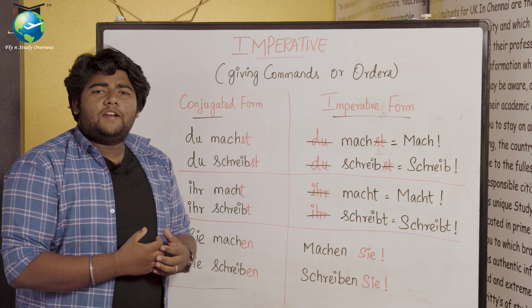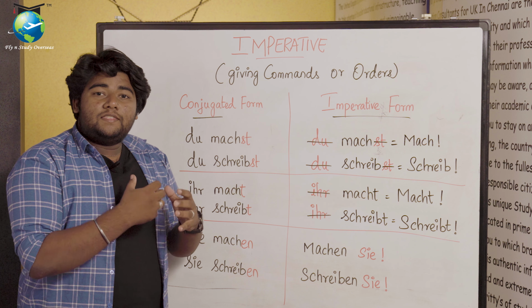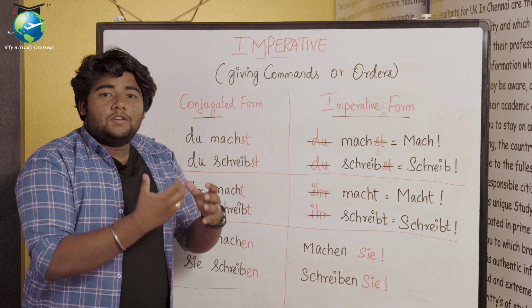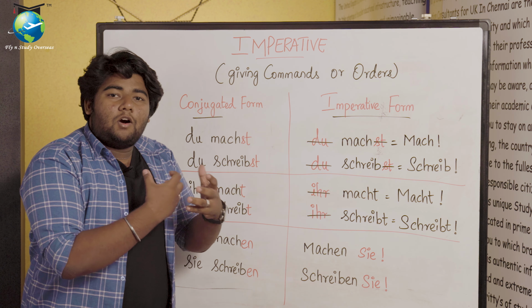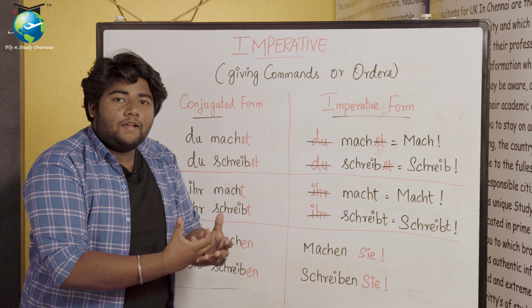And if you work in a company, your boss will command you to do some work. Those are formal commands. So if you want to command someone in a formal way, you can use this. Sie machen is the normal form and machen Sie is the imperative form. Sie schreiben is the normal form and schreiben Sie is the imperative form.